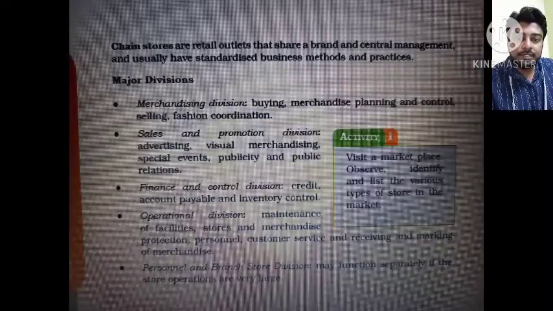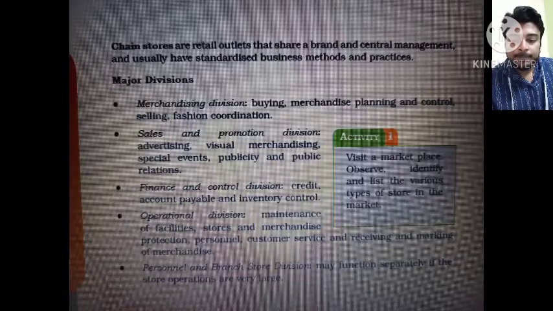Now this fashion retail business has major divisions. Number 1 is merchandising division, number 2 is sales and promotion division, number 3 is finance and control division, number 4 is operational division, and number 5, the last one, is the personnel and branch store division. Okay, so what is this merchandising division?